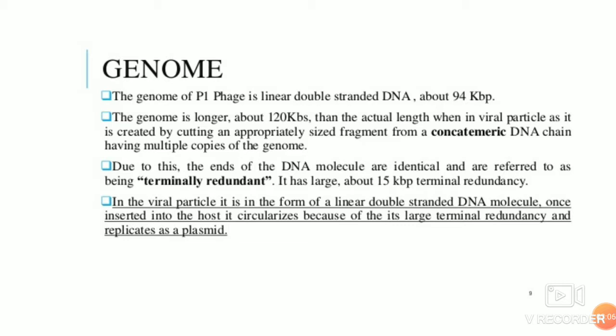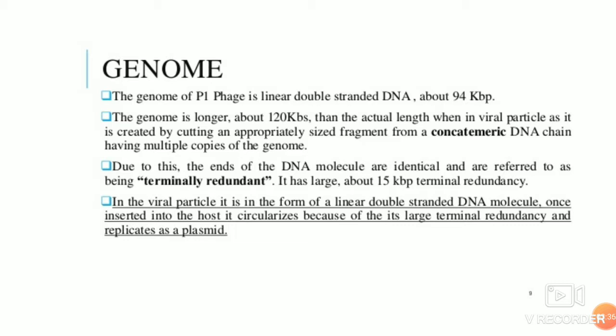In the same way, the packaging in the lytic cycle also happens, and the replication in the later part is usually by the rolling circle mechanism that generates the concatemeric DNA that will get packaged into the phage head. So when you isolate a phage and see the length of the DNA inside the phage, it can exceed up to 120 kilobases.